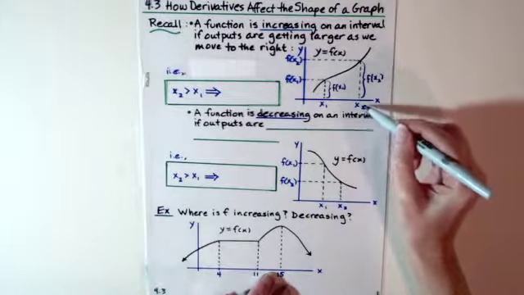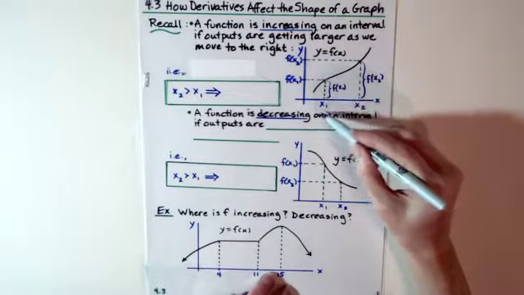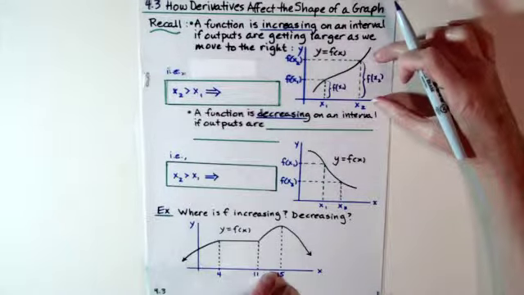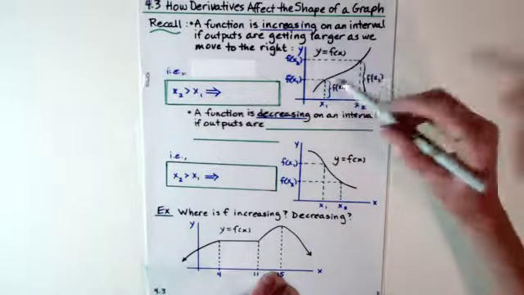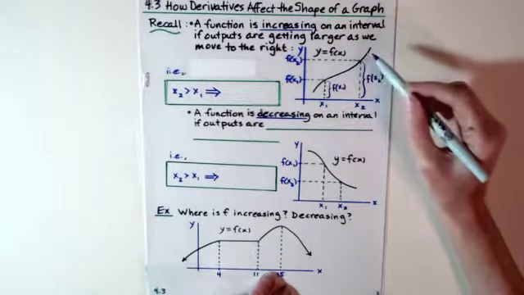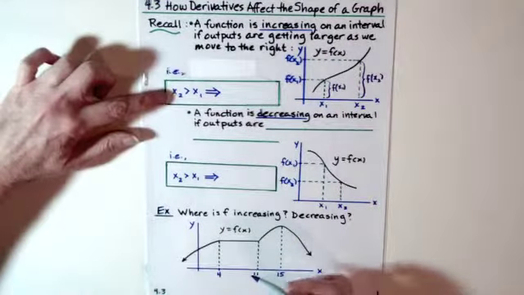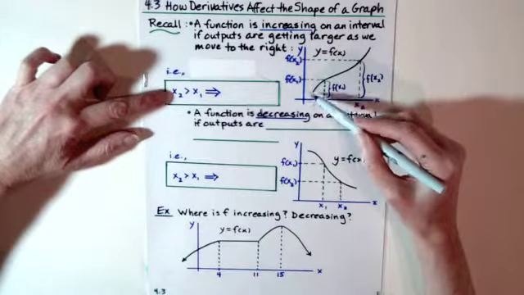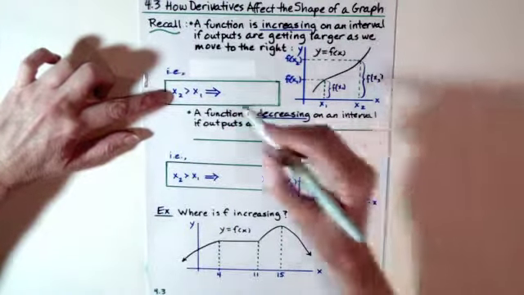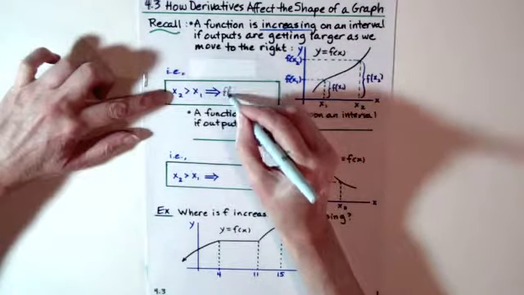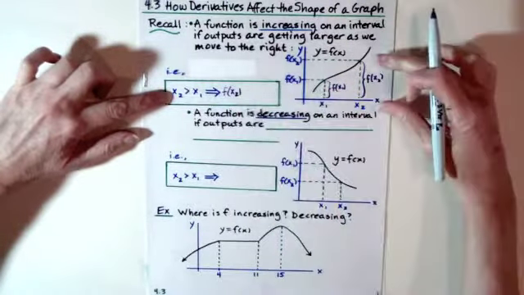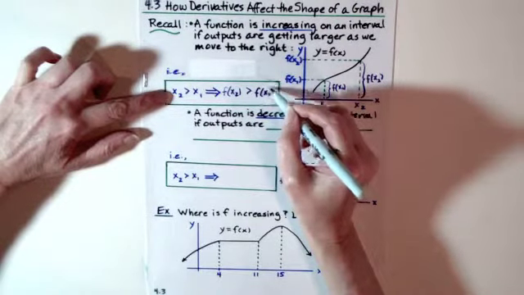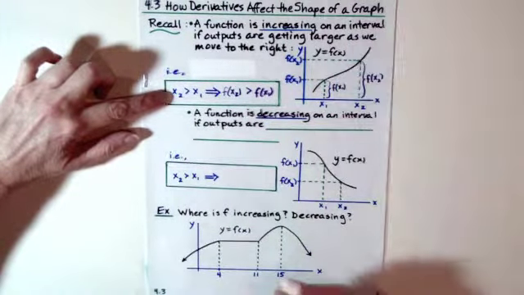So when my x2 is to the right of or greater than x1, what can I say about how f of x2 compares to f of x1 if I have a function that's going up? So let's go ahead and write that down. x2 is bigger than x1. Well, if f is an increasing function, that would mean that f of x2, the height under the graph here, is bigger than f of x1, the height under the graph at x1.